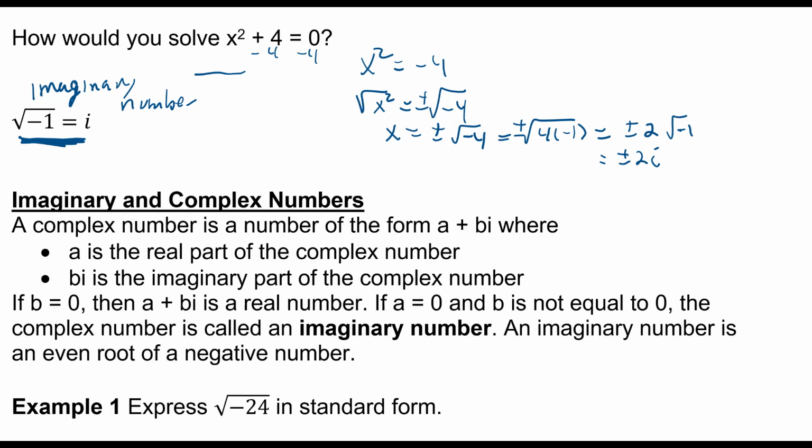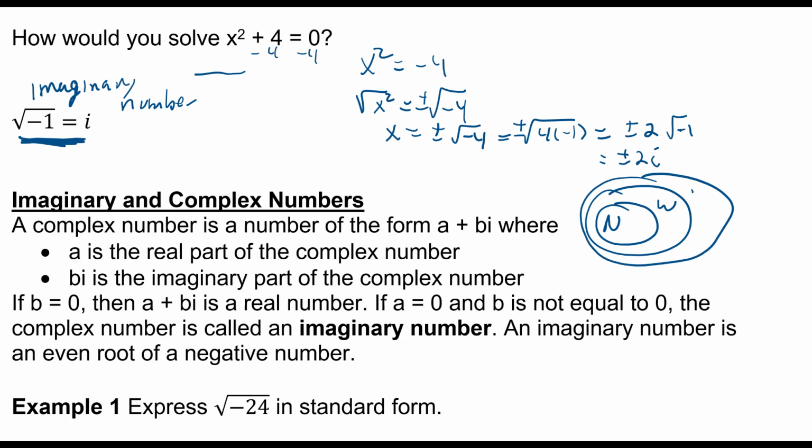And we did talk, and I'm kind of getting off script here, about our world of whole numbers, and then actually I had natural numbers first. We have natural numbers, then the world of whole numbers, then the world of integers.